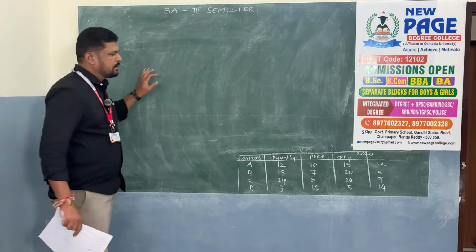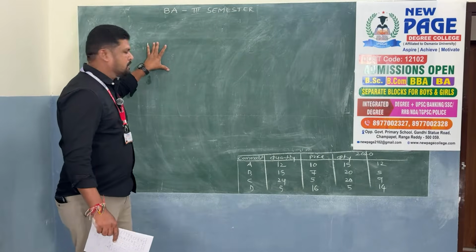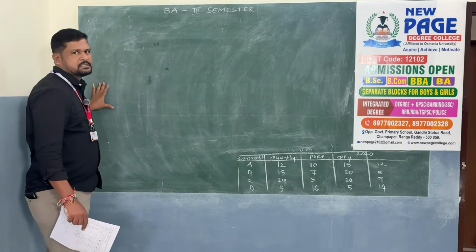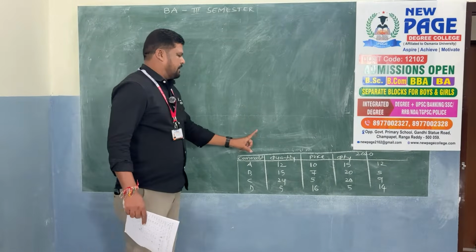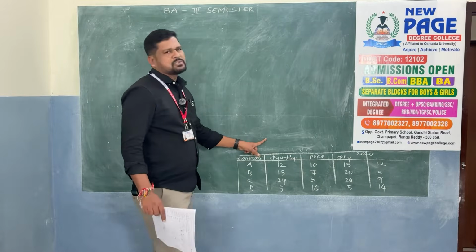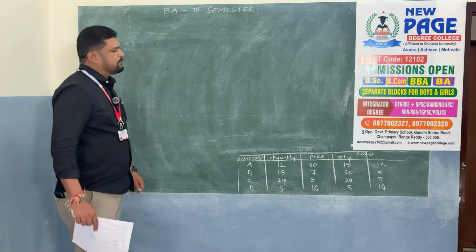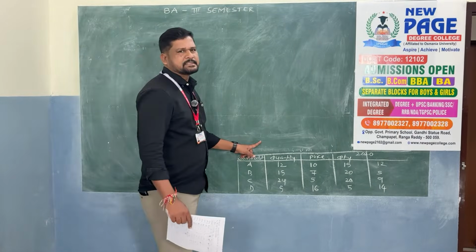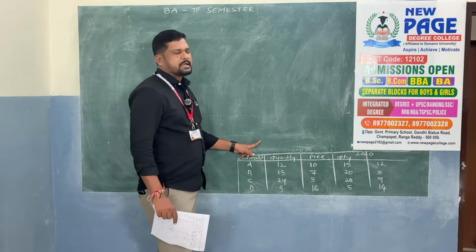Let's take one example. In the fourth unit, one question will be a problem question. Most important question: Fisher's ideal index numbers. Fisher's ideal index number uses weighted prices and the geometrical method combining the Laspeyres and Paasche methods.